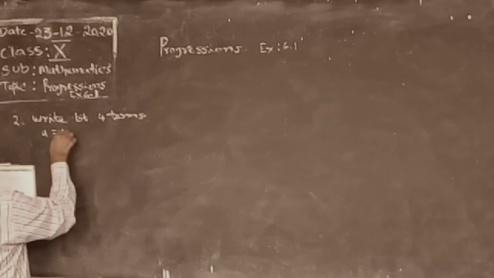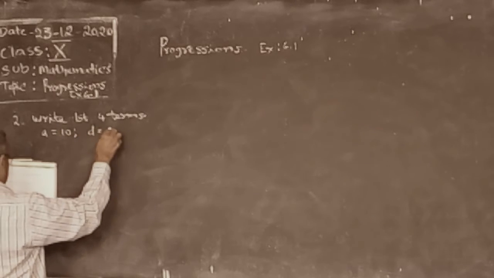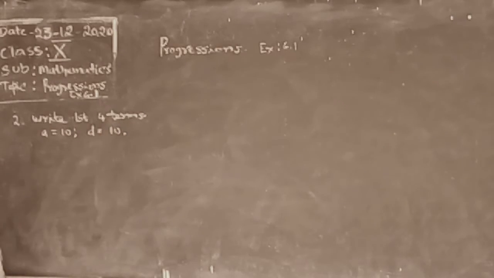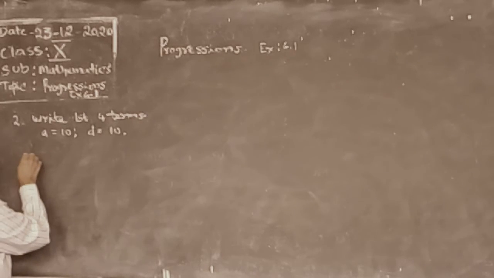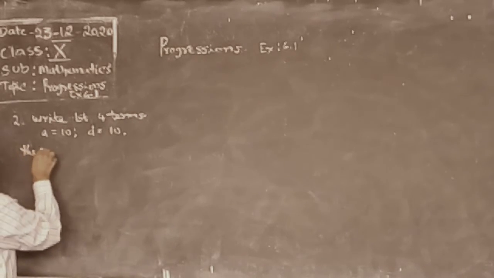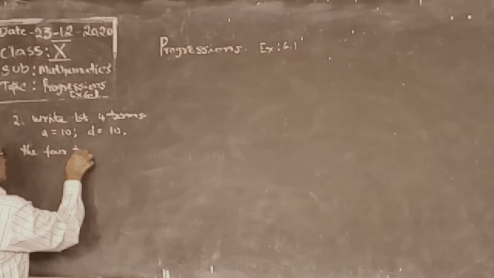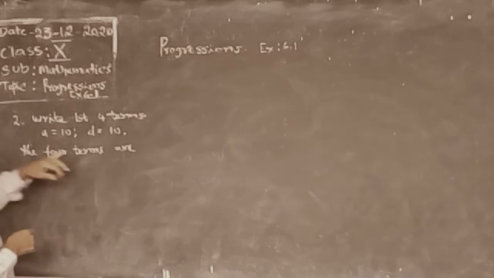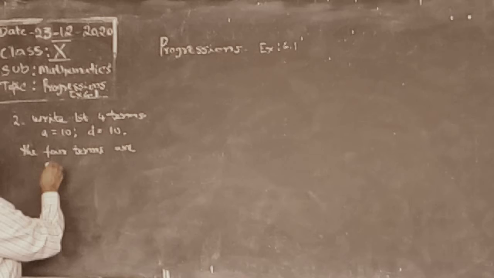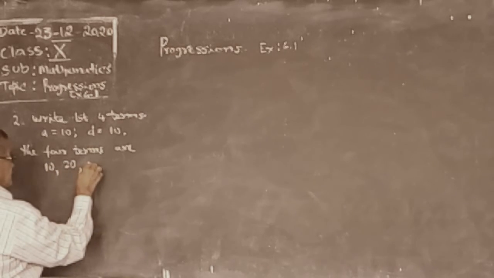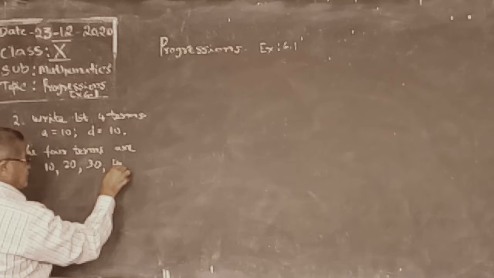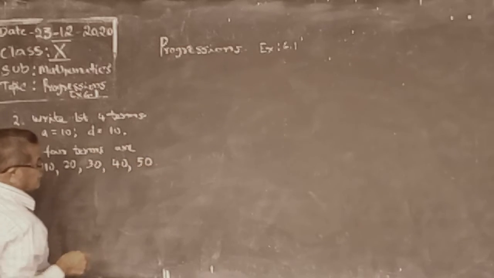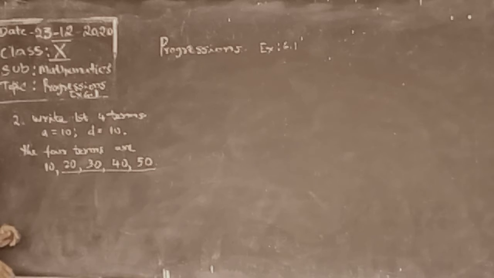Where a is 10, difference d is 10. We have to write four numbers. We have to add the difference d, 10. First, the AP's four terms are: first term 10 given, difference d given 10. Add 10 plus 10, 20, 20 plus 10, 30, 30 plus 10, 40, 40 plus 10, 50. So these are the four terms.